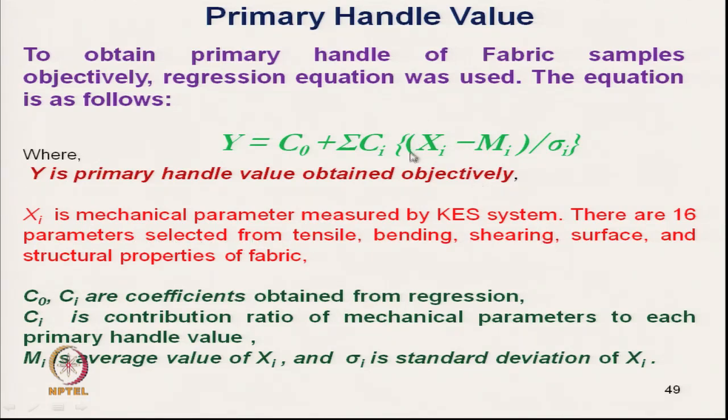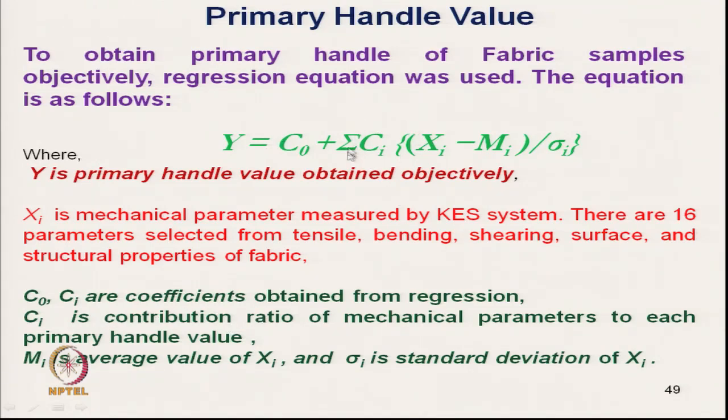So, for xi we have seen various mechanical parameters related to tensile, shear, compression, bending. So, these are the individual parameters xi. There are 16 parameters selected from tensile, bending, shear, surface characteristics, structural properties of fabric. C0 and Ci are coefficients obtained from regression.